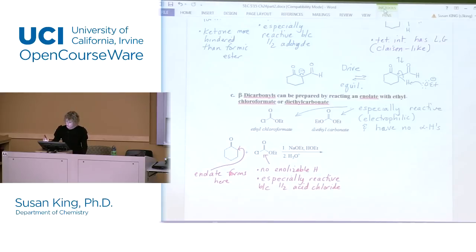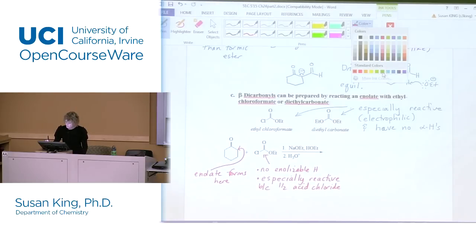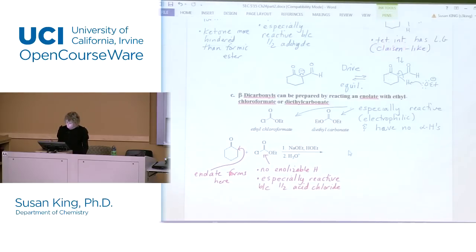Let's go through the thought process that we would use for that. So again, this wouldn't be a mechanism. This is just our thought process if we're predicting the products. So then we have the acid chloride. Very electrophilic. Push electrons up onto oxygen. And then we take a look.